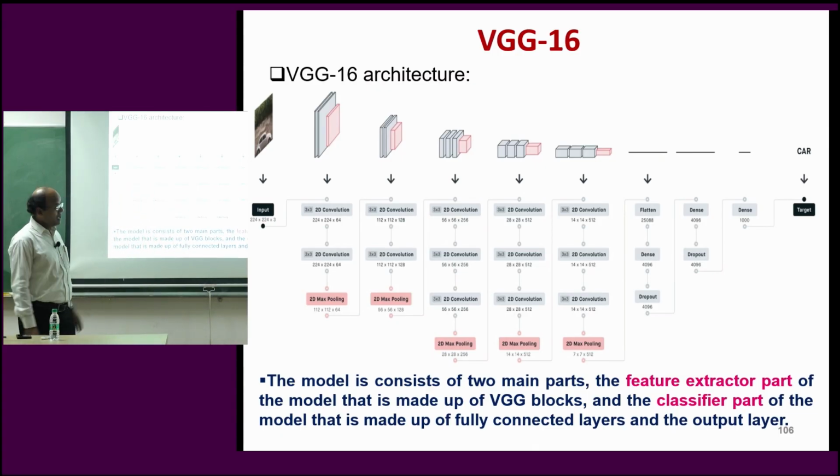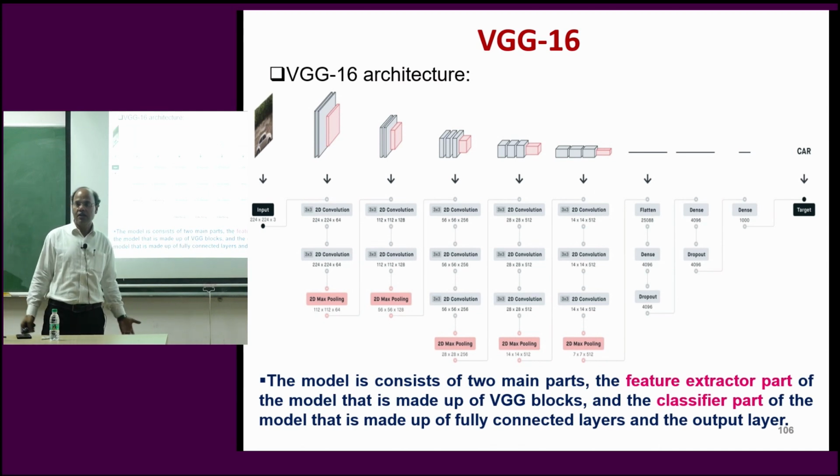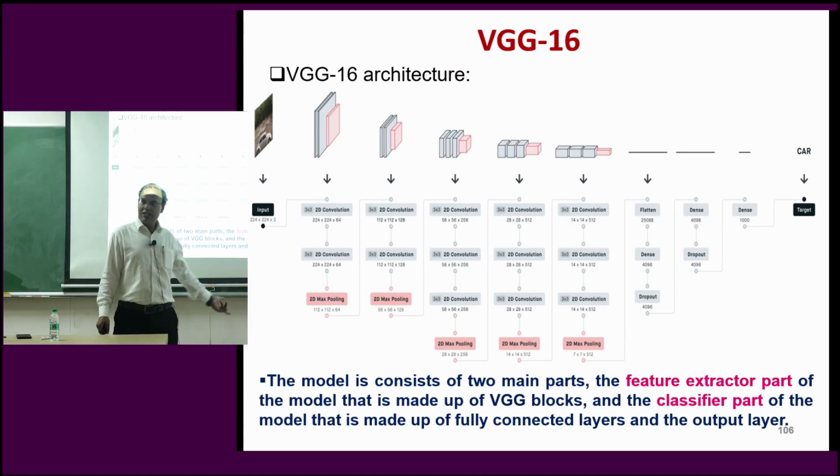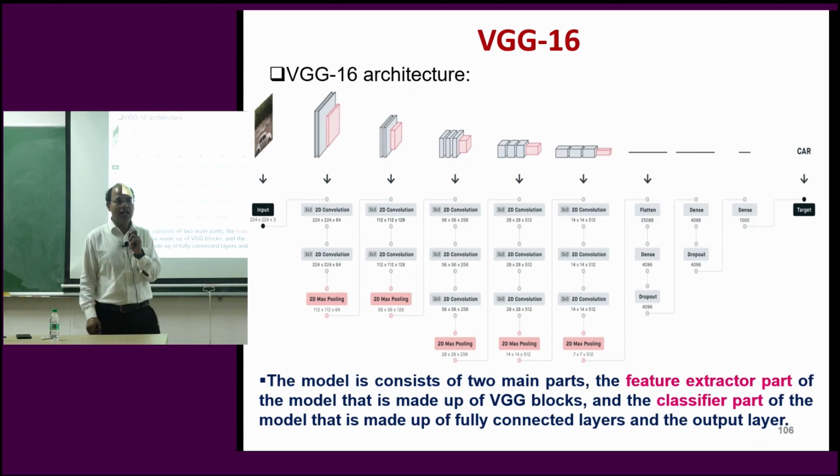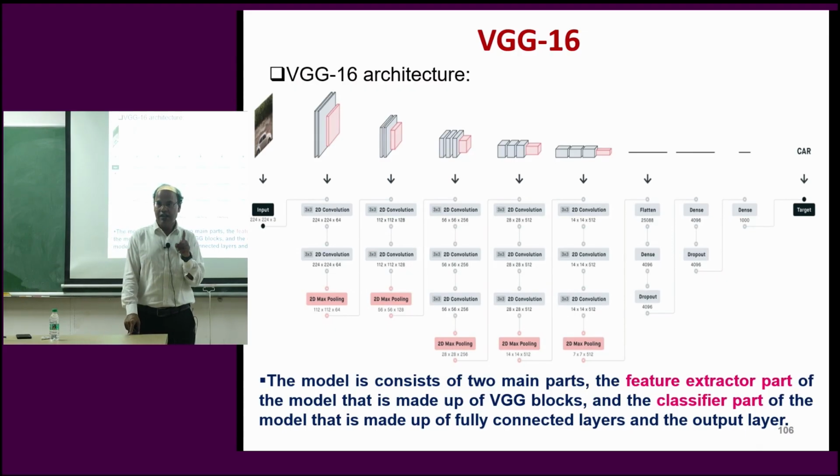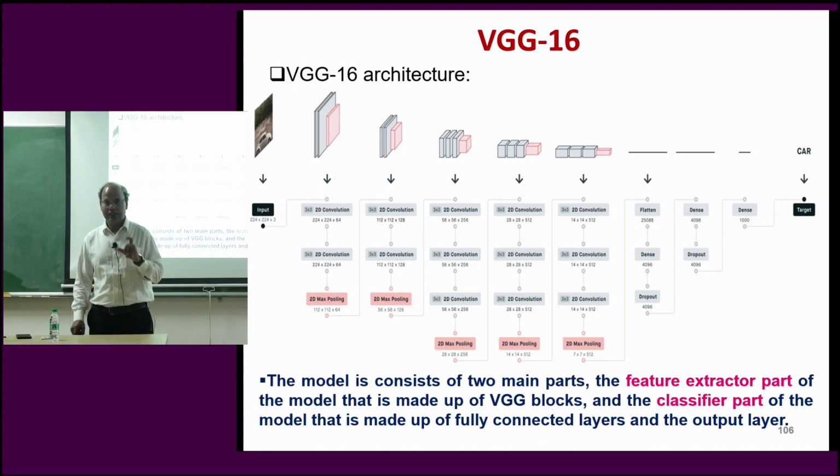And this 16-layer architecture may not even be needed. You can customize it. You can make it a VGG13 also. The unique thing about VGG16 is the uniform pattern: convolution is 3 cross 3, and the stride is fixed at 1. So you can do the same things.